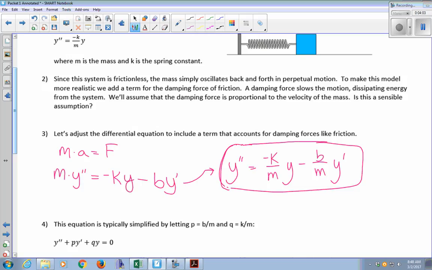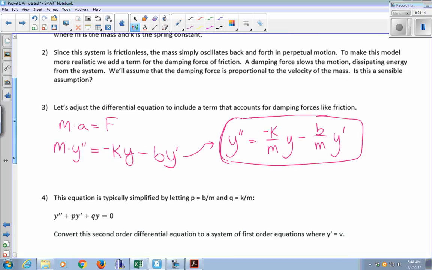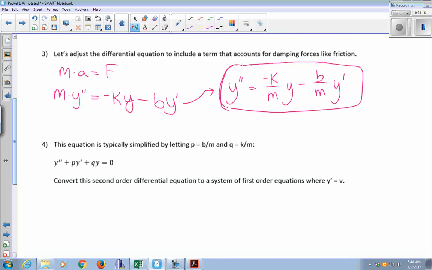So typically we simplify this equation. Instead of writing k over m and b over m, we let p represent b over m and q represent k over m, right? So you just have y double prime plus py prime plus qy equals 0. Put 0 on one side and rename the coefficients so they're less confusing looking.